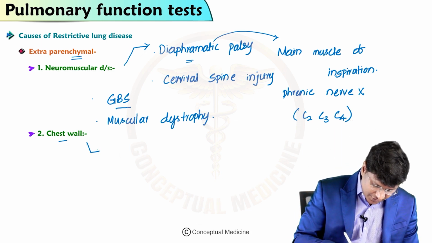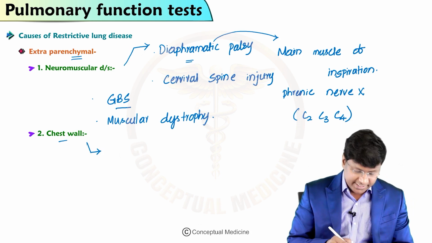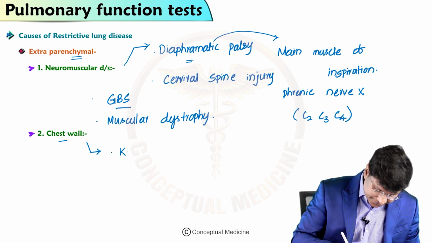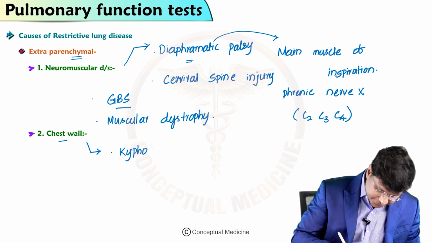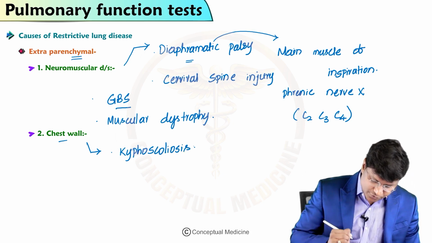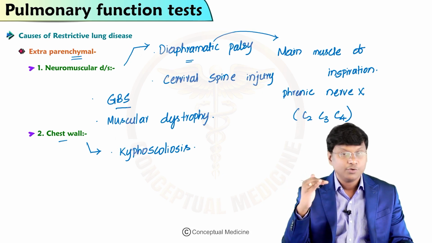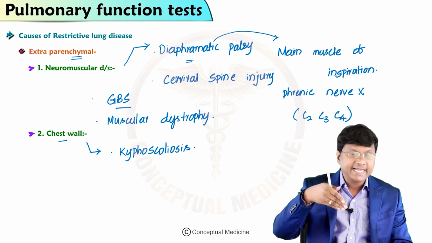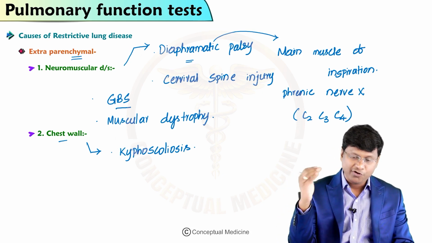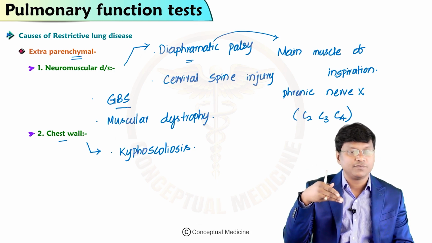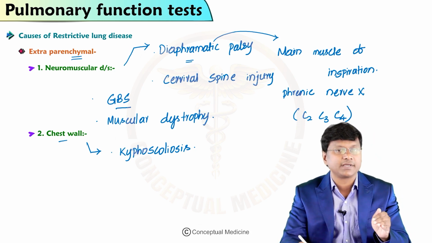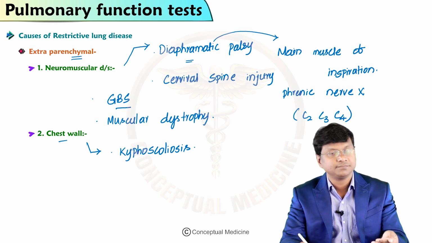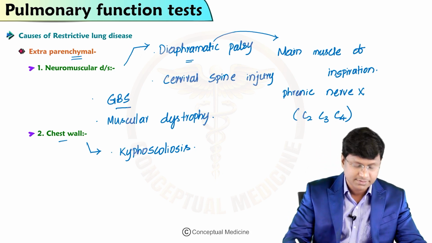Then you take the chest wall disorders. Chest wall disorders include kyphoscoliosis, right, where there is forward bending of the spine and lateral bending of the spine. So forward and lateral bending of the spine will restrict the expansion of the lung, resulting in restrictive lung diseases.